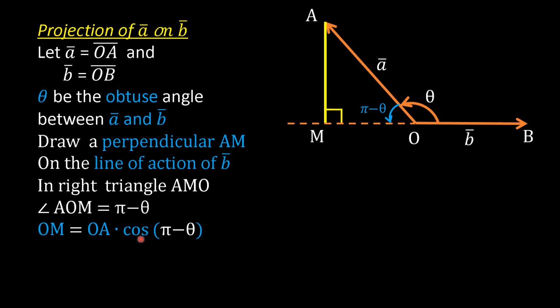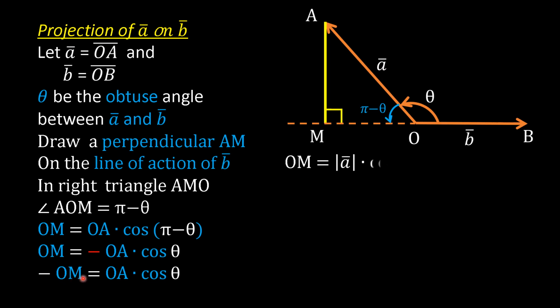But cos of (pi minus theta) is minus cos theta. So OM will be minus OA cos theta. So minus OM will be OA cos theta. Now OM is the length of segment OM, and since length is always positive, we will write minus OM as simply OM.